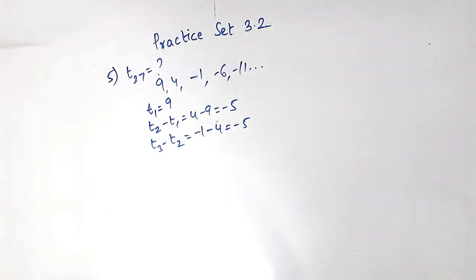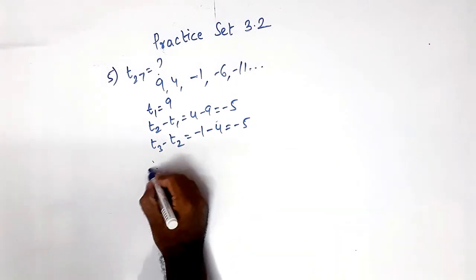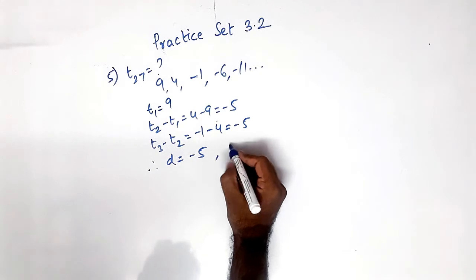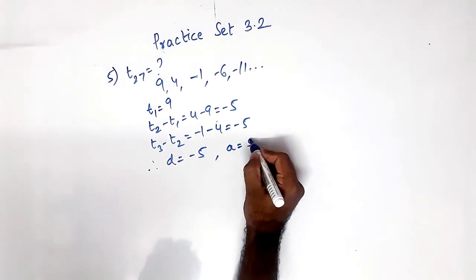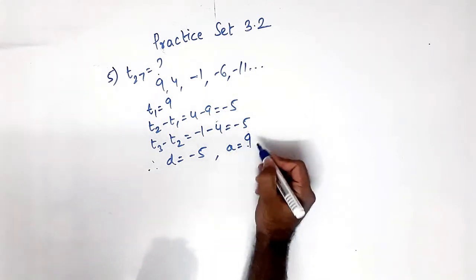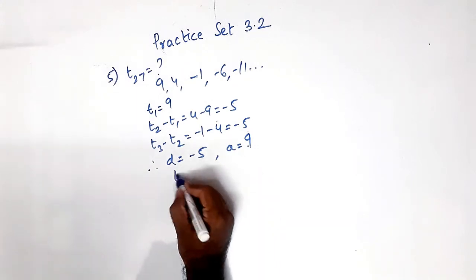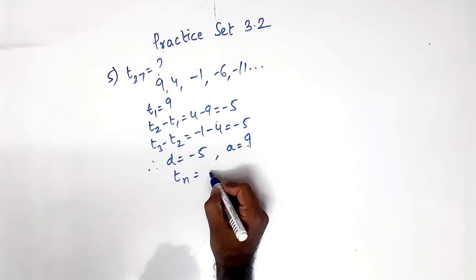Okay, then T4 minus T3, okay, this much is okay. So therefore I'll write common difference is minus 5, and the first term A is 9. Okay, A is 9 and common difference is minus 5. So we'll write the formula for Tn.